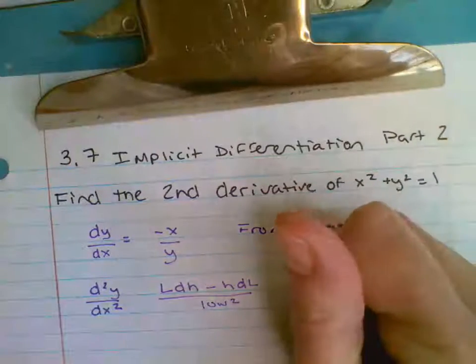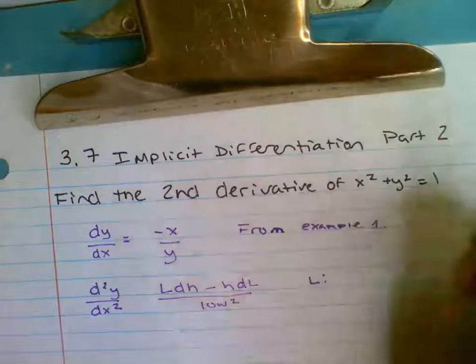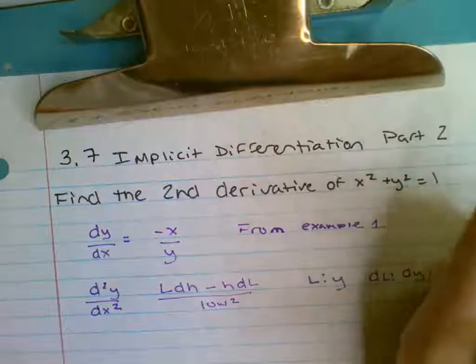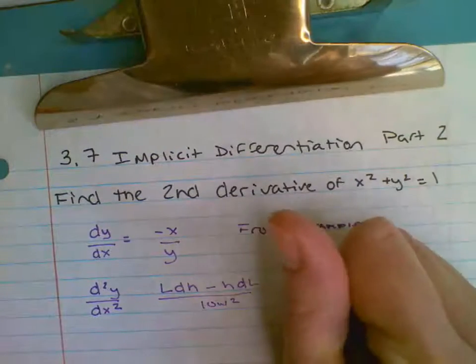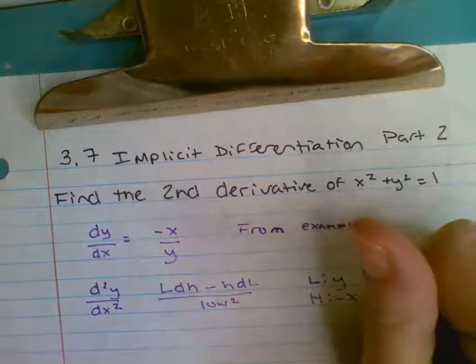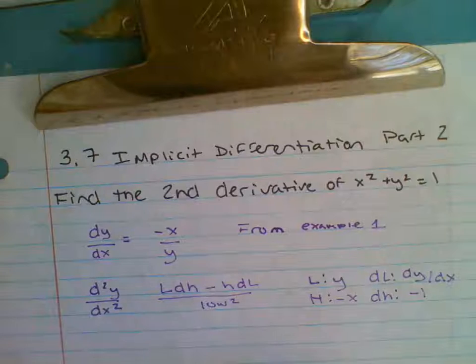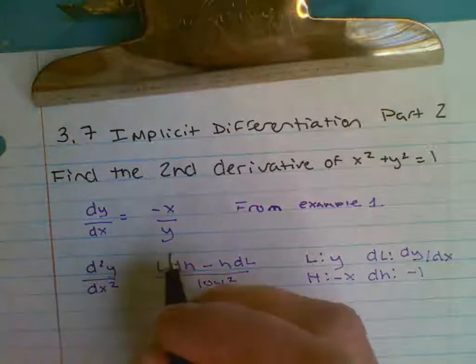Okay, so I'm going to make my notations off to the side. My low is y, my d low is dy dx, my high is negative x, my d high is negative 1. All right, so now let's go ahead and plug this in.